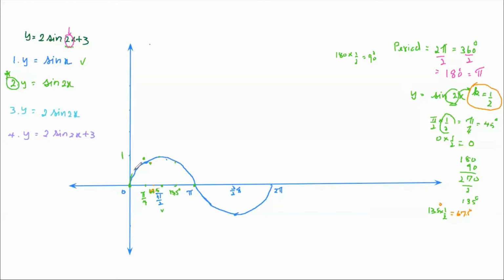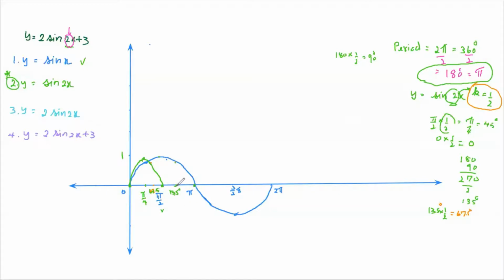So you plot the graph right here, up, and down to this point, 90 degree. Then from pi over 2 to pi, you find the midpoint, that means 135 degree or 3 over 4 pi. Because we know one cycle of this function is going to be 180, then the other half cycle is going to be around here.